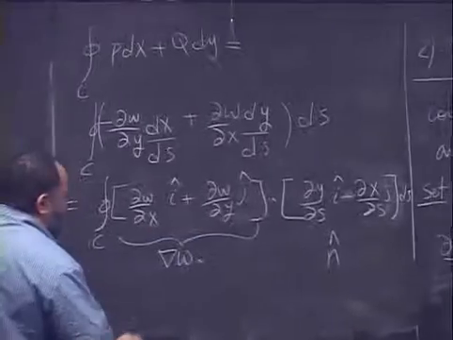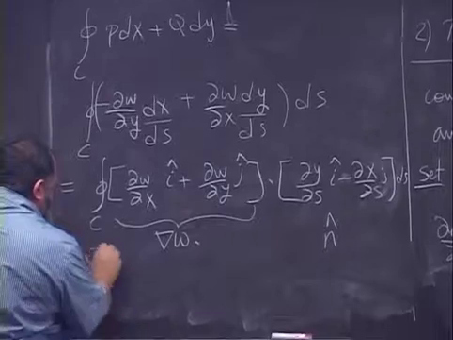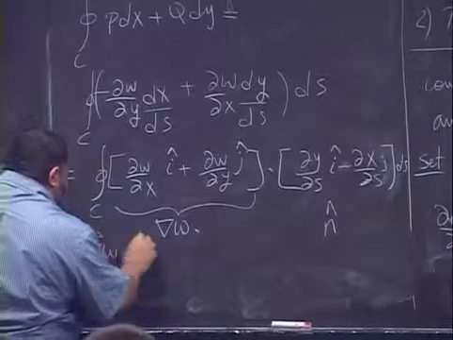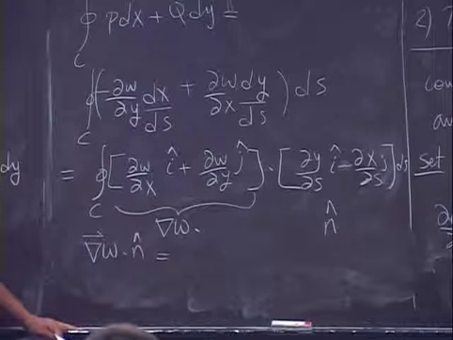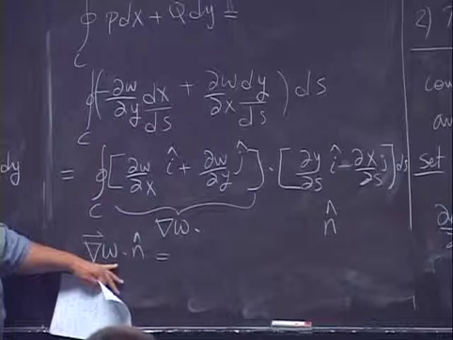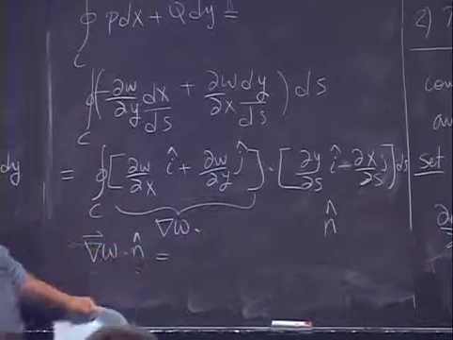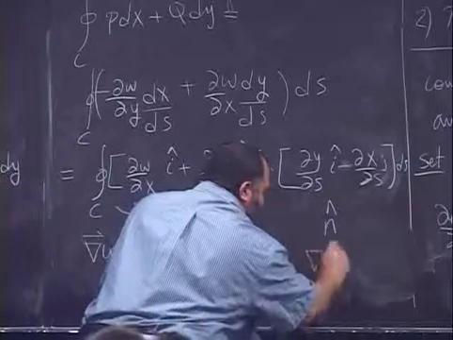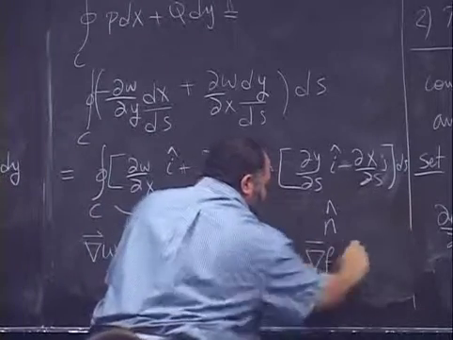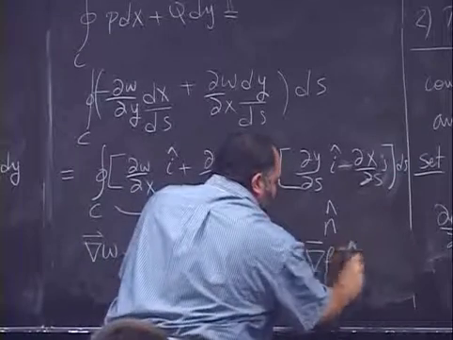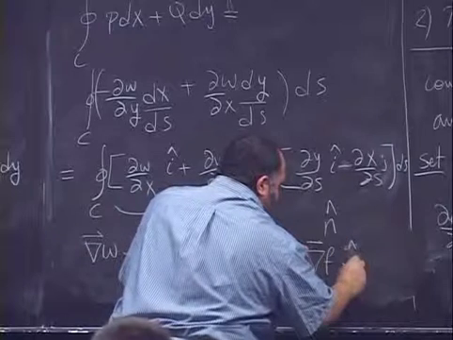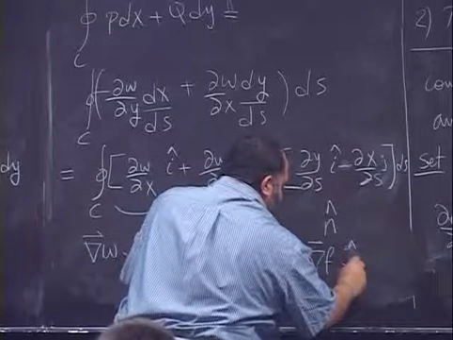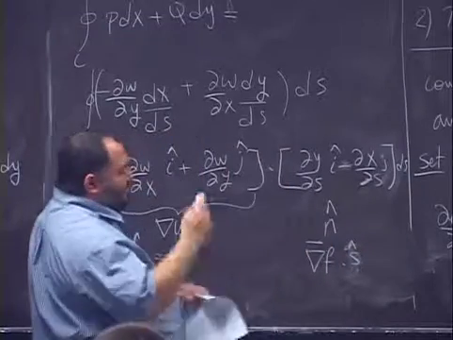So again, I told you several times that nabla omega dot n, this will give you what? From last chapter, we said that if you take the dot product of grad of a function. To remind you, when I said gradient of f dot s, do you remember this? Let's say unit normal is called s.